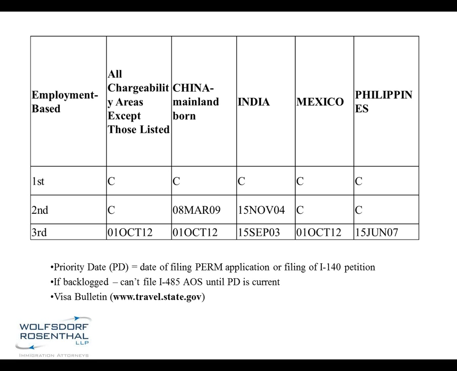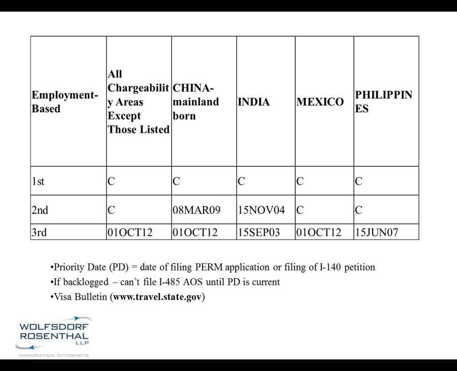But what those cutoff dates basically signify is when you're able to file your green card, because the I-140 can be filed at any time. There's no restriction on that. The I-485 is what cannot be filed until what's called your priority date is current.